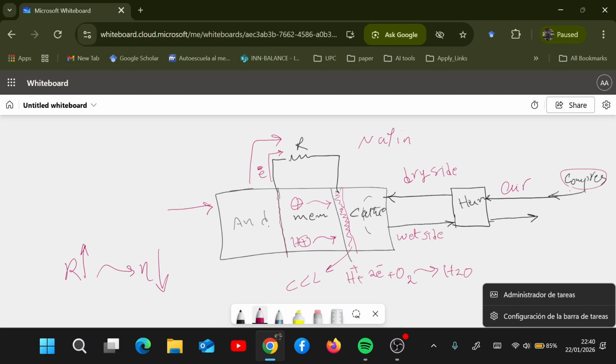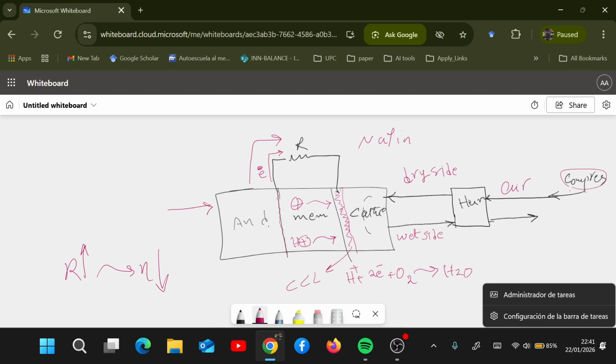Another important aspect is that it increases the lifespan of the membrane and the stack, because if we prevent the membrane from drying out and protect it from degradation, it increases the overall life expectancy of the fuel cell stack. It prevents punctures in the membrane. So this is another reason it's important to keep the membrane sufficiently humidified.